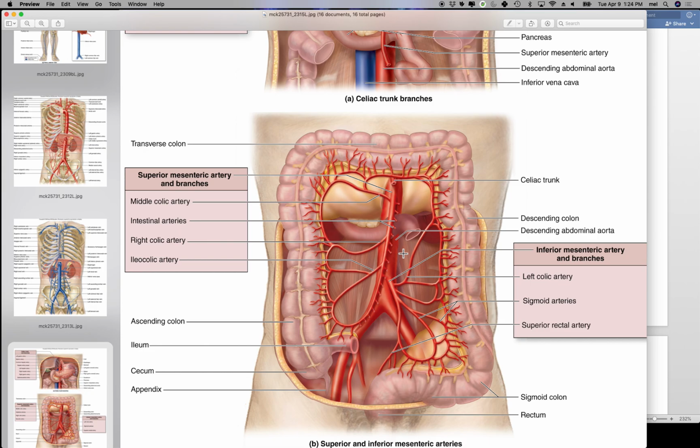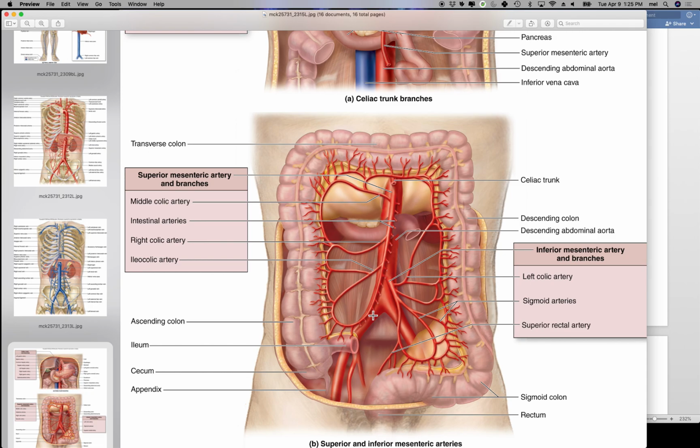The small intestine is all cut off here, but FYI, this gives rise to a whole bunch of little arteries called intestinal arteries that go through the mesentery and supply all the different portions of the small intestine. But it also supplies the proximal portions of the large intestine. The large intestine goes from the proximal portion closest to the small intestine: ascending colon, transverse colon, descending colon, sigmoid colon, rectum.